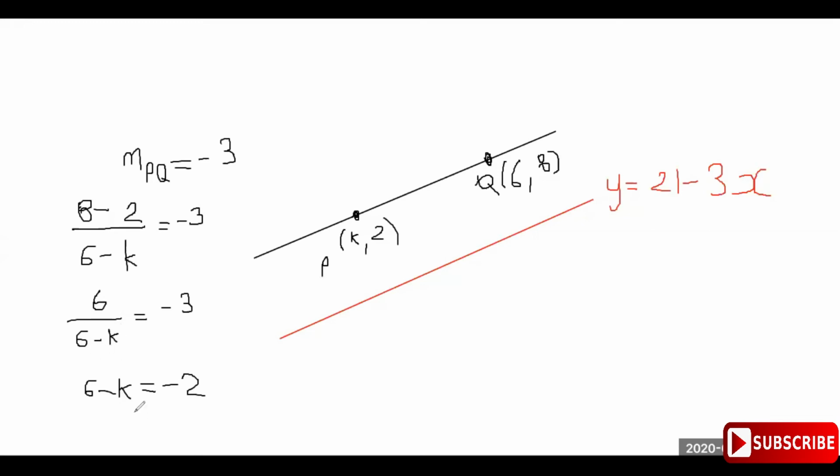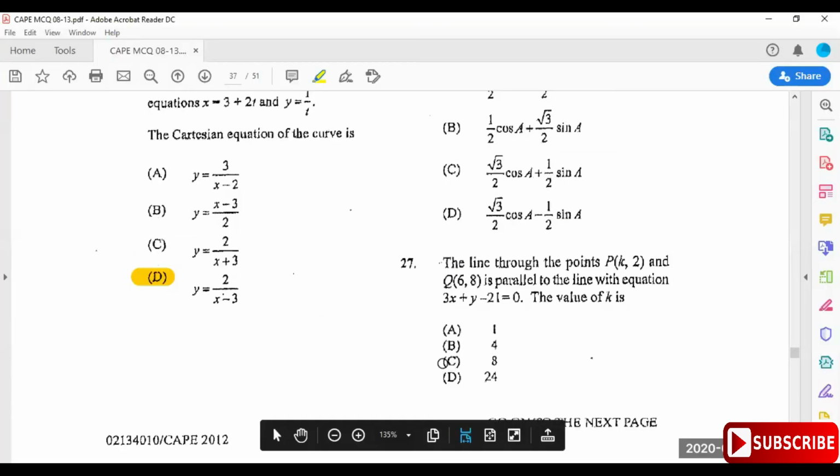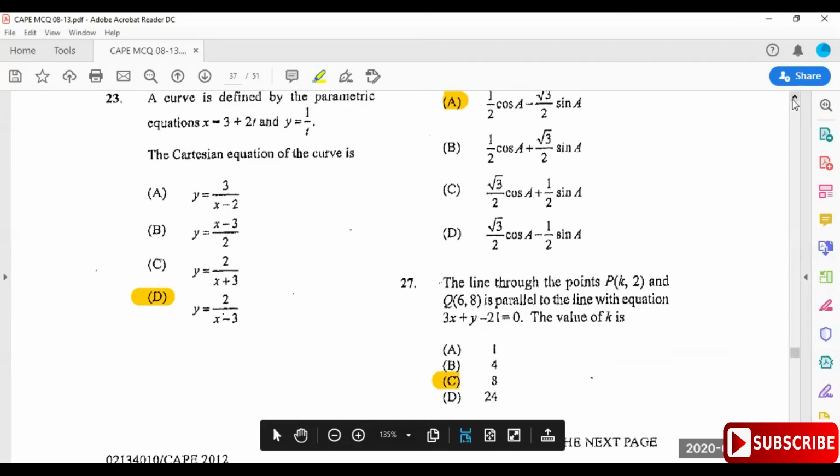So if I bring that over, k must be 8. Agreed? So k is equal to 8. Easy question.